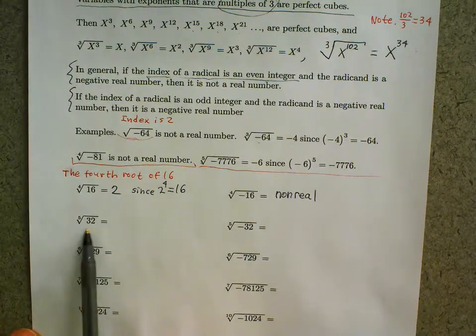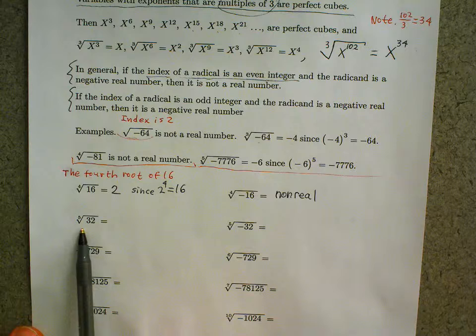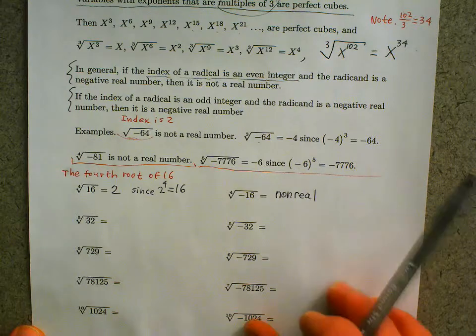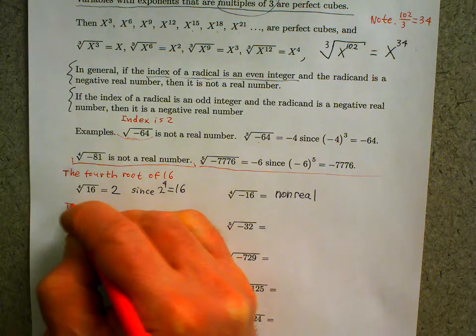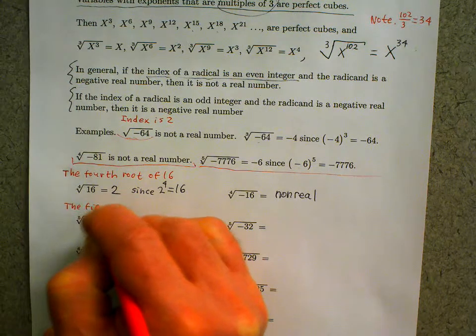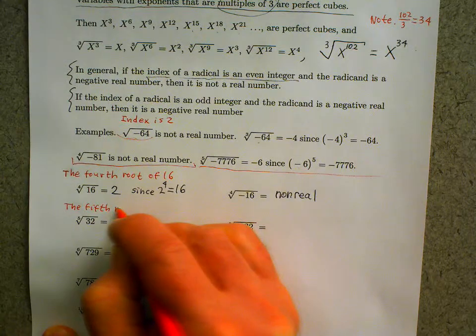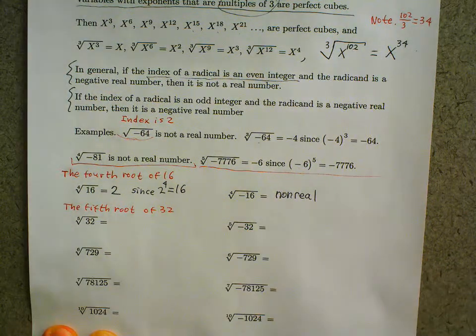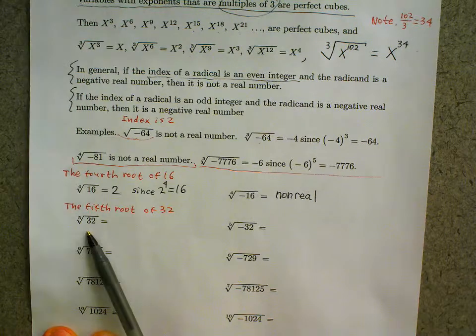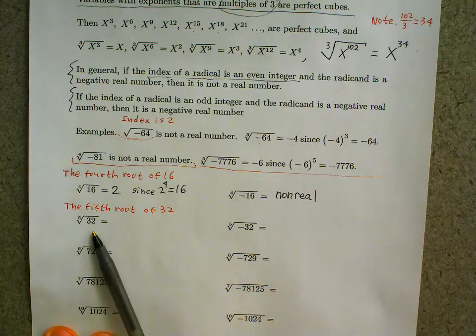Okay, then the next one, the fifth root of 32. So 32 is a perfect fifth power.